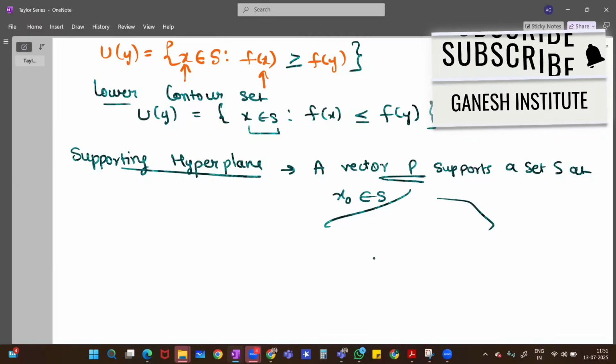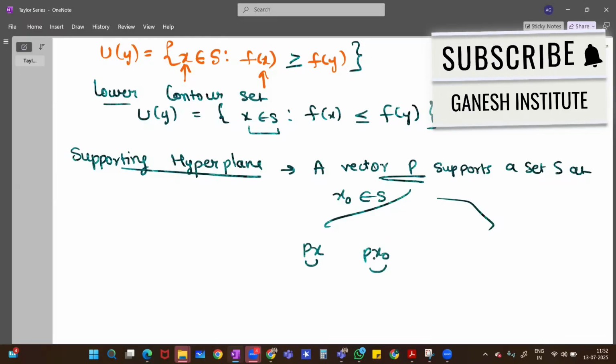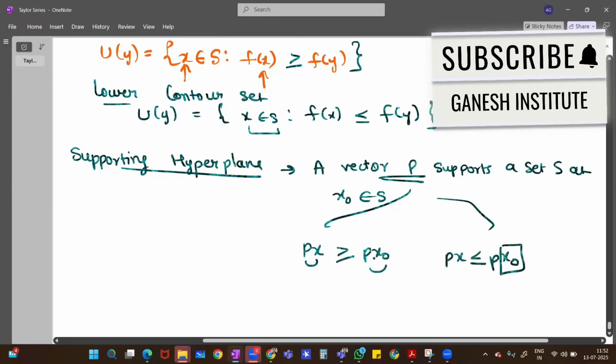How? It can be px or it can be px naught. Different values. When you multiply this vector with x, you can get greater or lesser value than your general points.